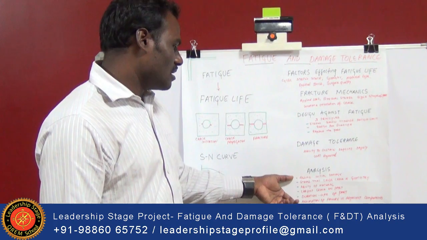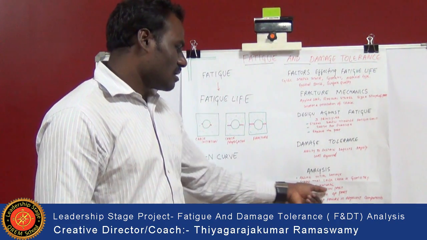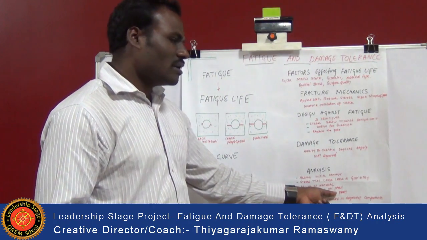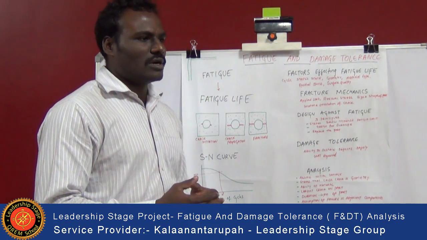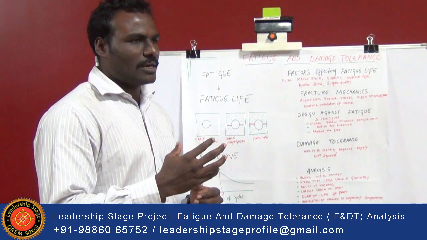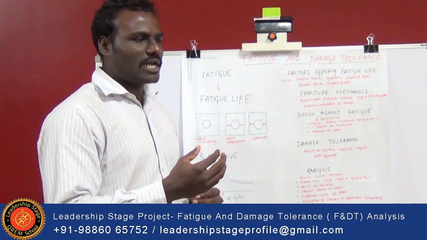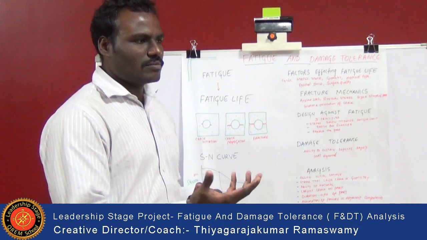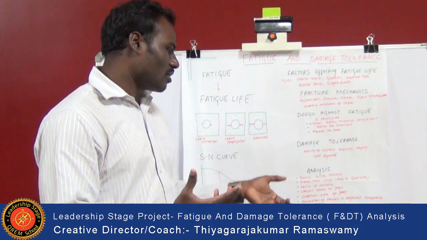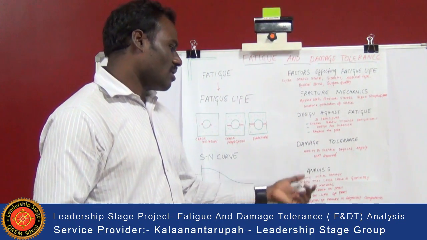Here we are discussing the ability of the material and the largest crack on the part, in the sense that we can maintain the crack without leading to its fracture. Based upon these activities, we can increase the fatigue life of a component.